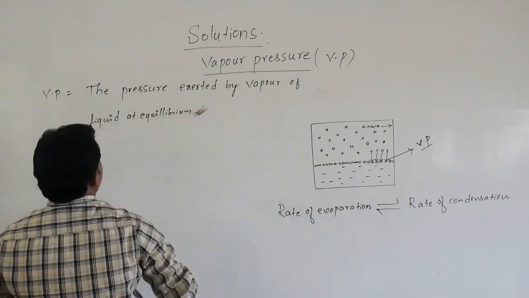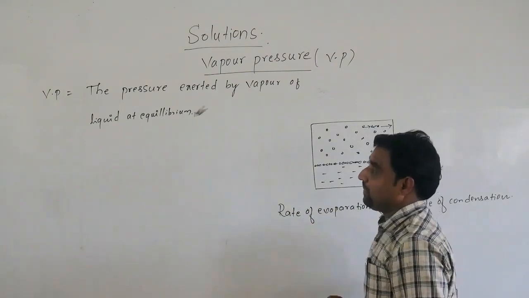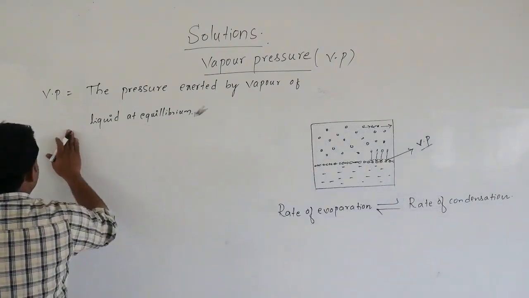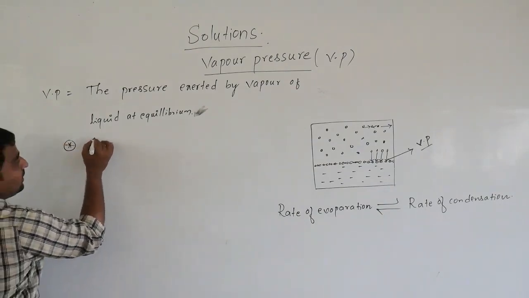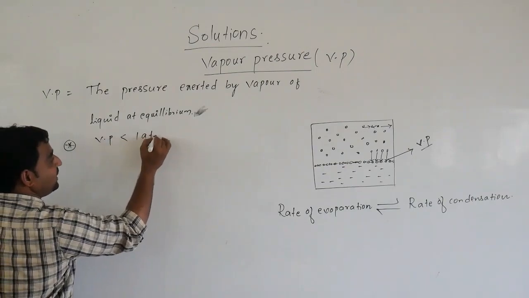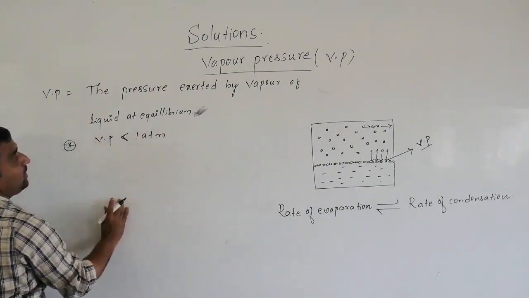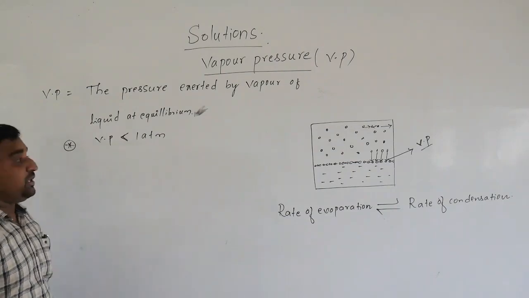This is called vapor pressure. A very important point: you have to remember this. Always, the vapor pressure of any solvent is less than 1 atmospheric pressure.